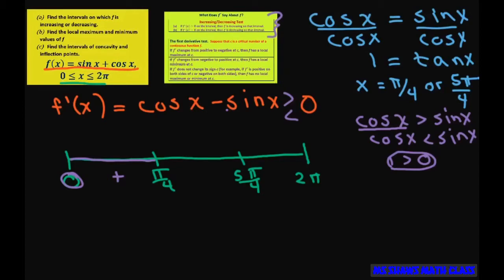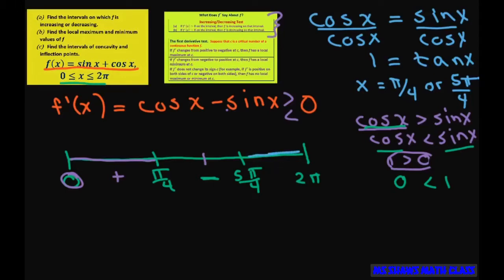If I plug in pi over 2, cosine of pi over 2 is 0, and sine of pi over 2 is 1. So that means cosine is less than sine, so this is negative.